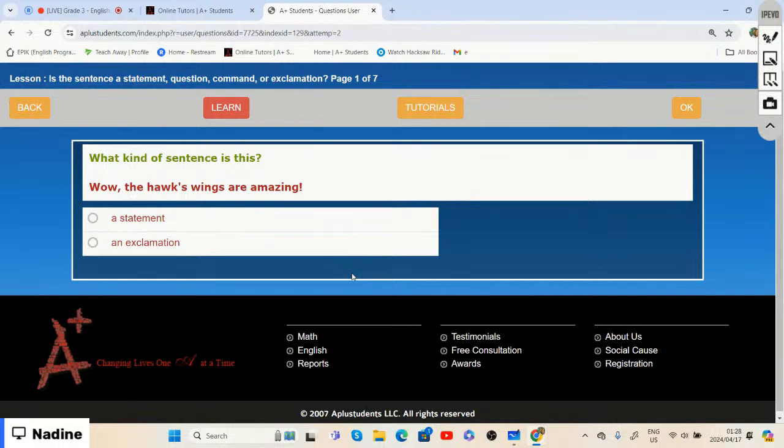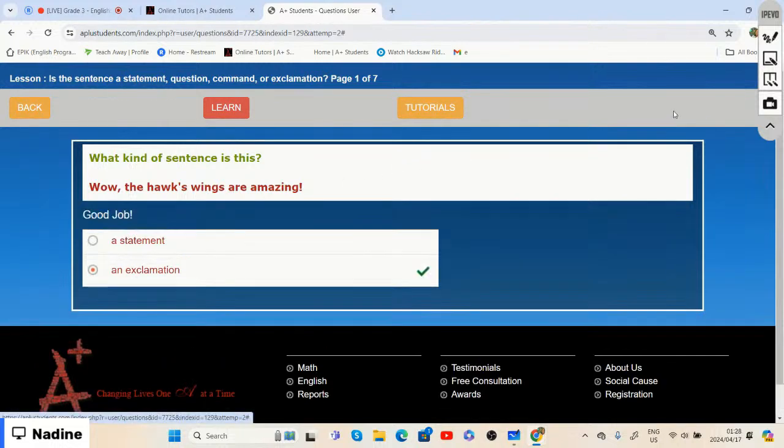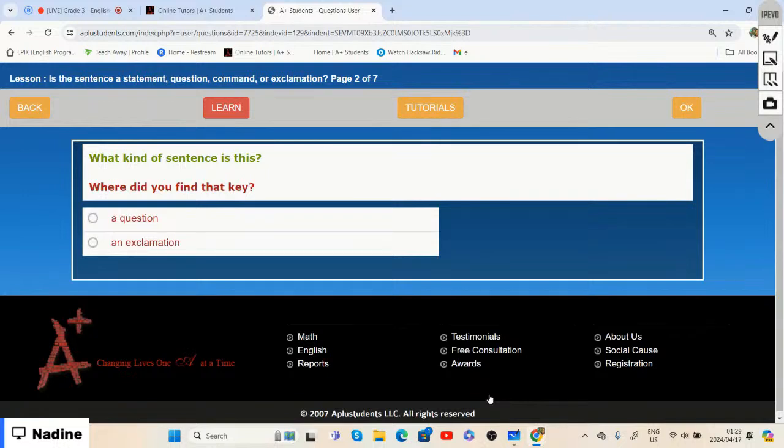All right, and if we choose the kind of sentence, we will say it is an exclamation sentence. So well done, everybody. Exclamation is correct. Where did you find the key?